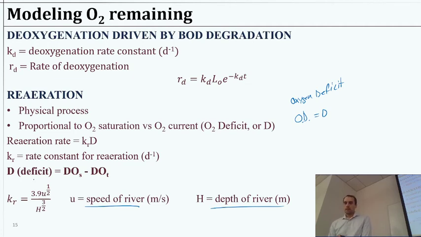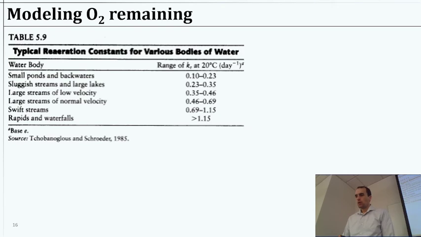Okay, so that'll be given to you, so we can use that if we have some information on a problem about the dimensions of a stream or river. I have a table here from our book. There's just a few examples of Kr.